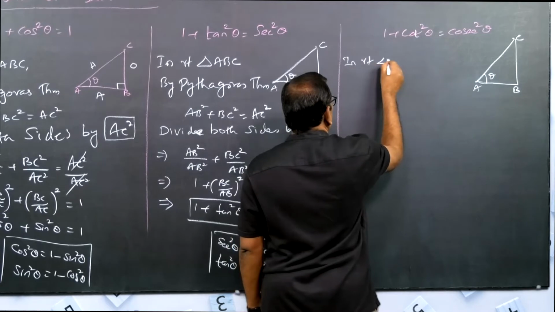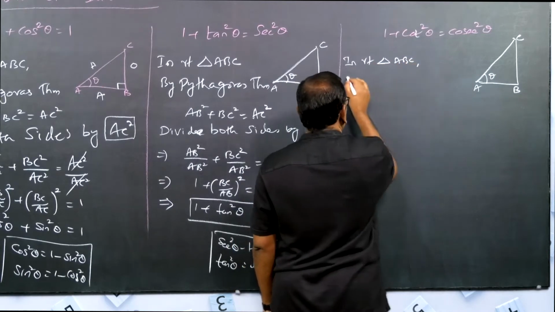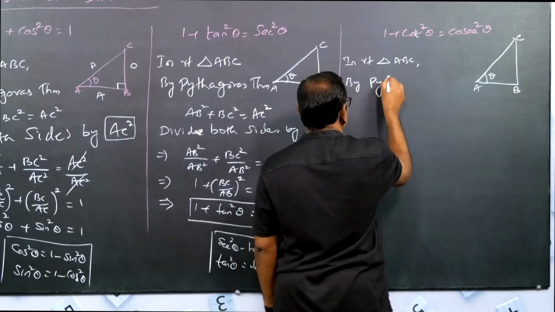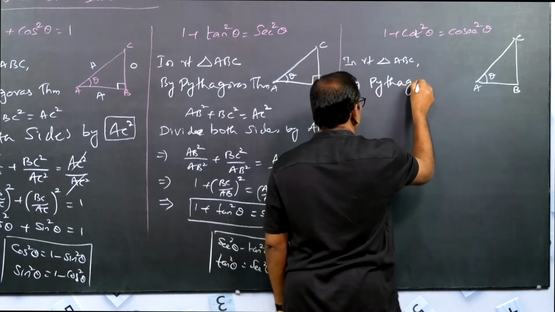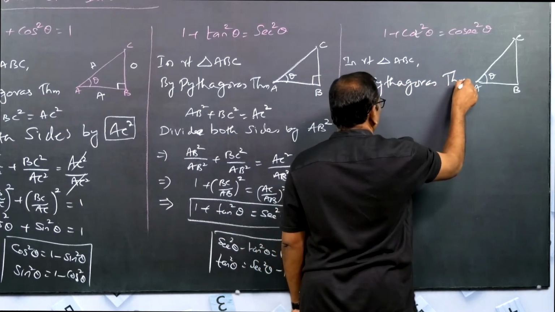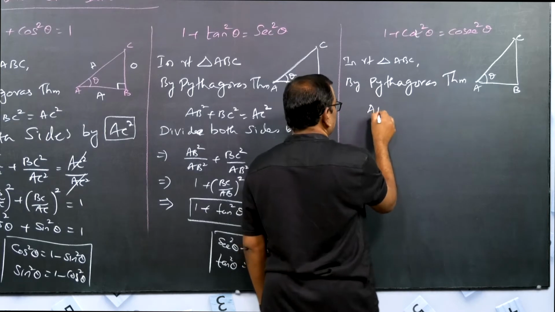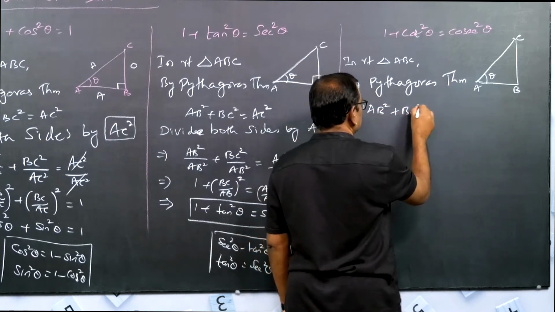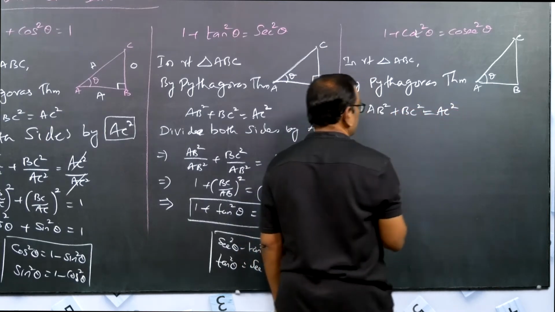In right triangle ABC, by Pythagoras theorem, AB square plus BC square equal to AC square.